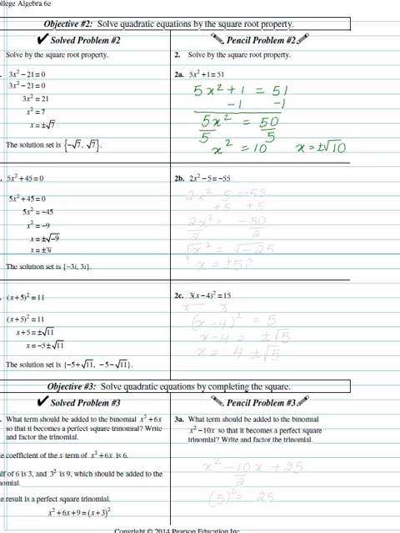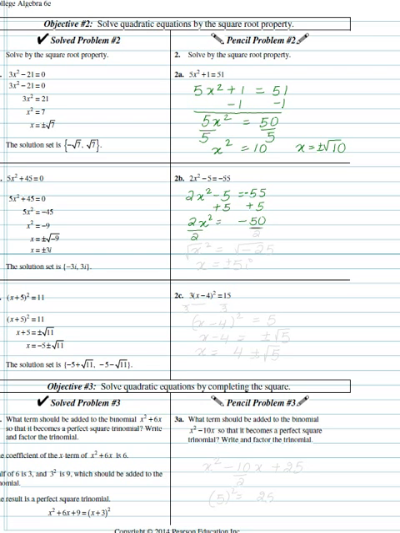Problem 2b, same procedure. I add 5 on both sides. So 2x squared minus 5 is equal to negative 55. Add 5. Add 5. I get 2x squared is equal to negative 50.